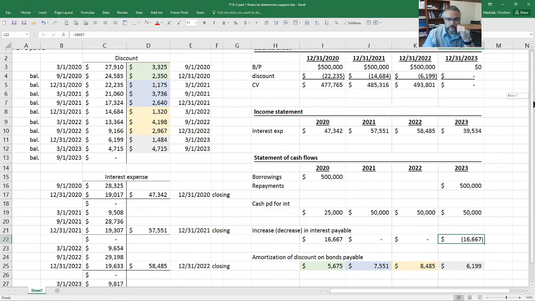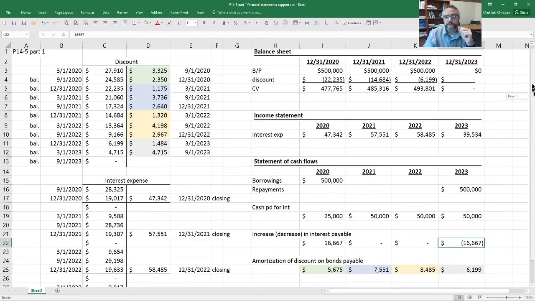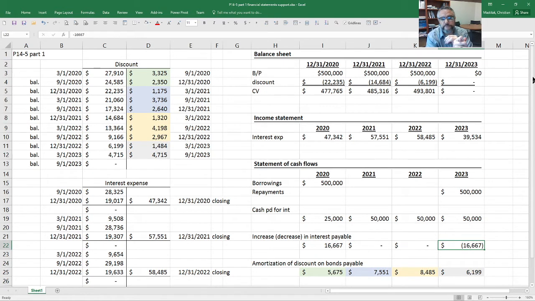So one thing I totally forgot to mention is amortization, not only of intangible assets, but also of discounts on bonds payable. These things are going to show up in your statement of cash flows. So if you think about what we did in 2020, we recorded interest expense of $47,342. Now, how did that interest expense show up?